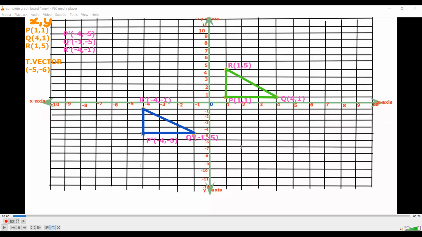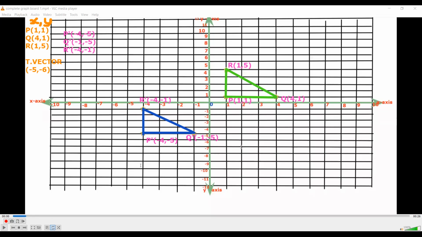So this is how we can use the translation vector to move the object from one place to another. All the points are moved by the same translation vector. The size of the shape will never change. It will not even rotate. It will be in a rigid form.